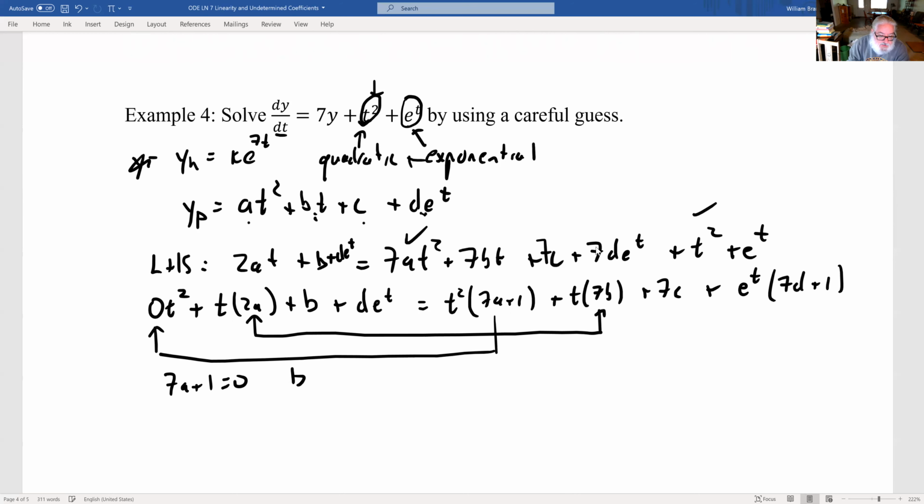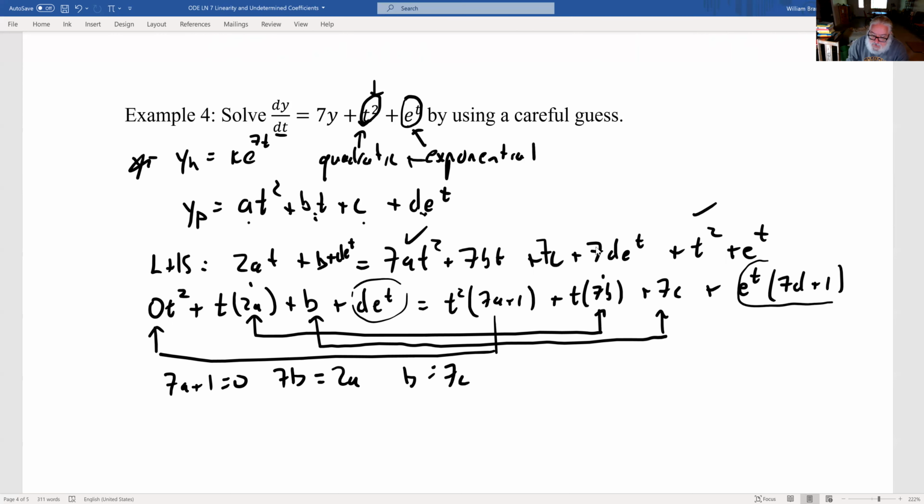So that gives me 7b equals 2a. The constants have to be the same. So that tells me that b equals 7c. And finally, the e to the t coefficients have to be the same. B equals 7d plus 1.